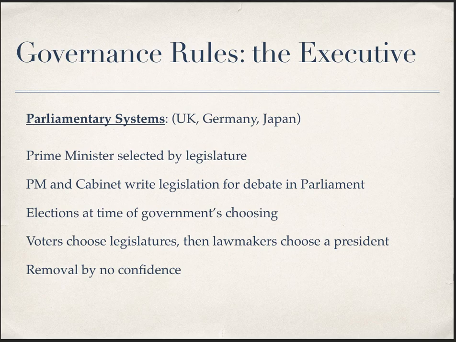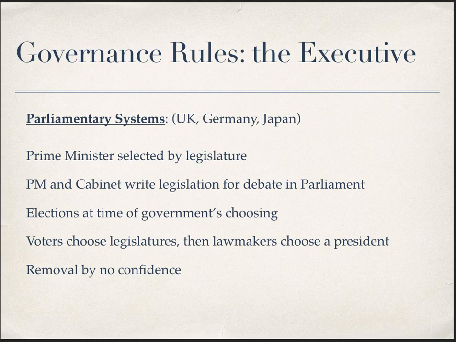Five characteristics of a parliamentary system. The first is that the executive, the prime minister, is selected by the legislature. So notice that this means that in a parliamentary system, voters don't actually get a direct choice about who the prime minister will be.